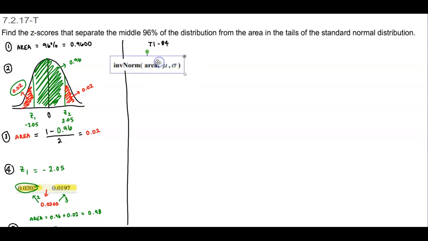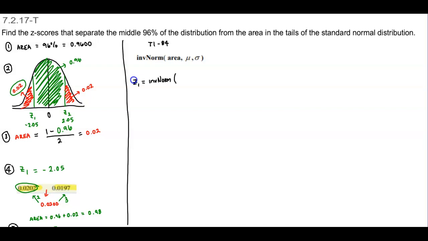So using the TI-84, we're going to use invNorm because we're given the area and we want to find the z-score. So you still need to draw a picture so that you can figure out what is the area that you need. Okay, and you also have to go through steps 1, 2, and 3 to get to this result. So we know that if we want to find the z-score here for z1, then that's going to equal invNorm.